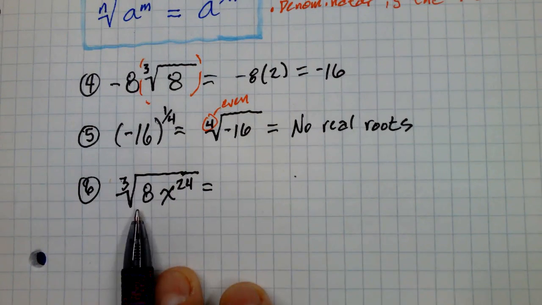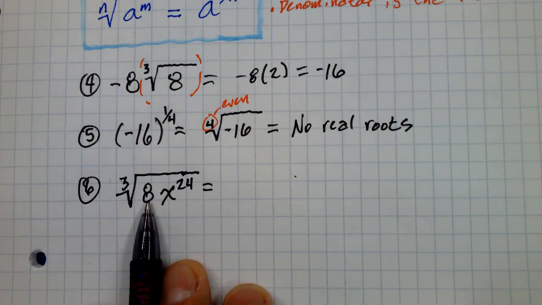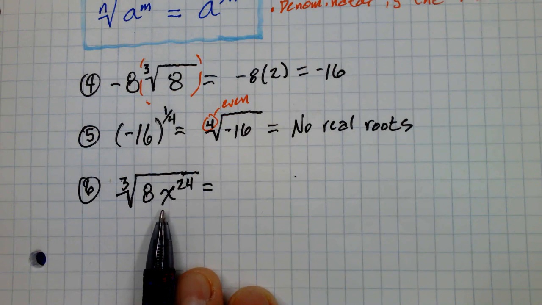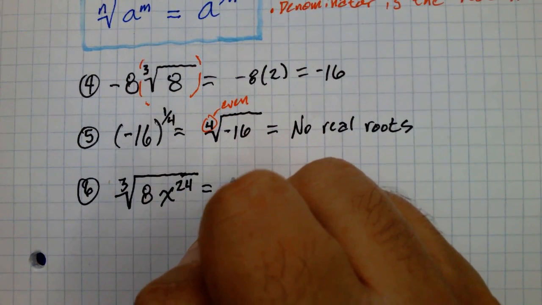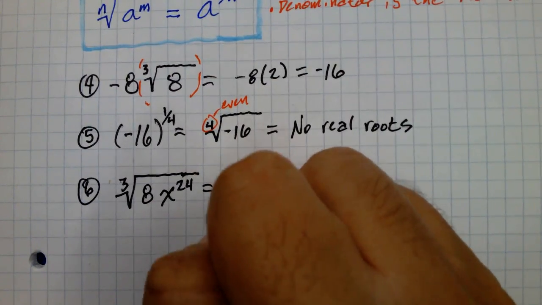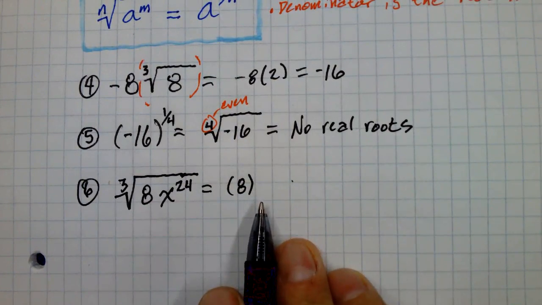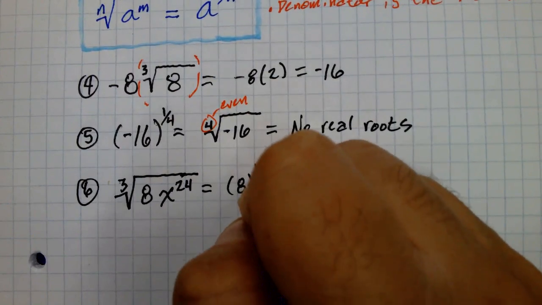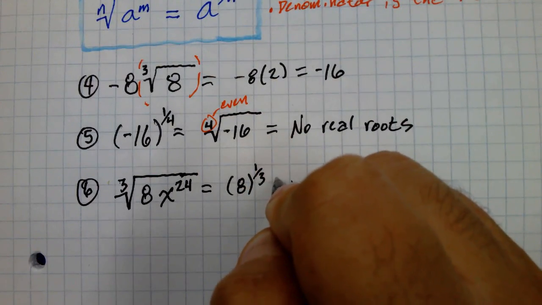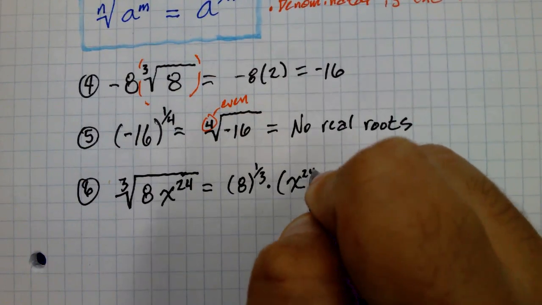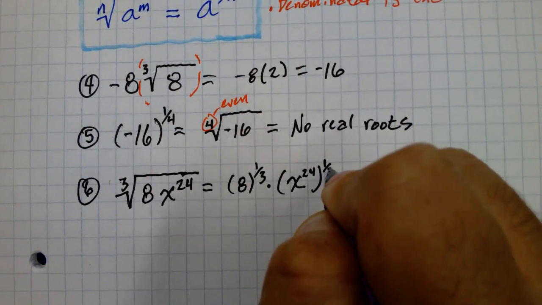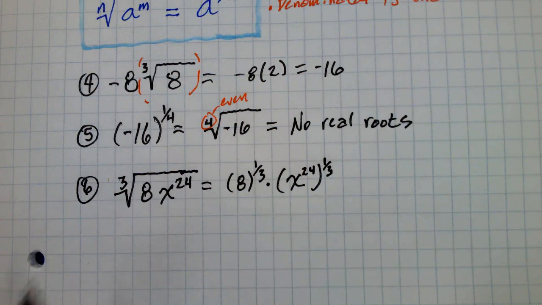It turns out I can break this up into two factors. I have 8 as a factor and x to the 24th. Two separate factors, right? So I'm going to do this. 8 to the what power, if I want to write this as an exponent? 1/3. And then we're going to multiply that times x to the 24 to the 1/3. Okay, I just broke it up into two.